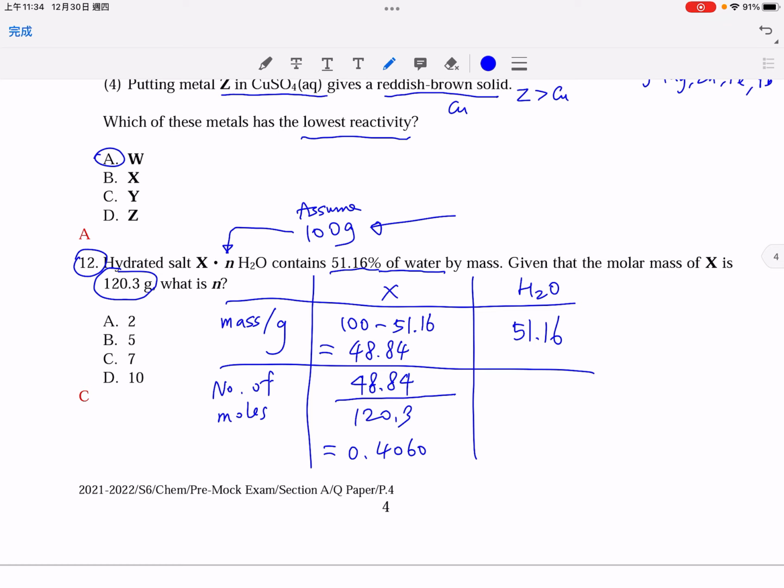And then for water, mass over molar mass, it gives 2.842. So it is obvious that the simplest mole ratio being 1:7. The answer is C.